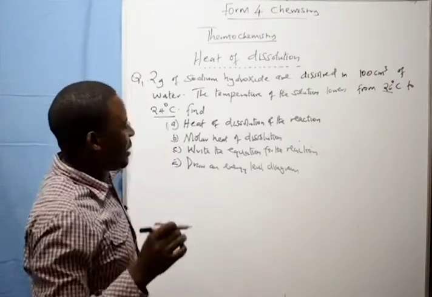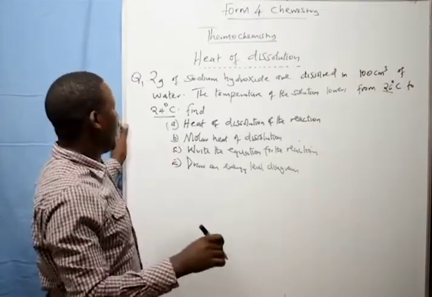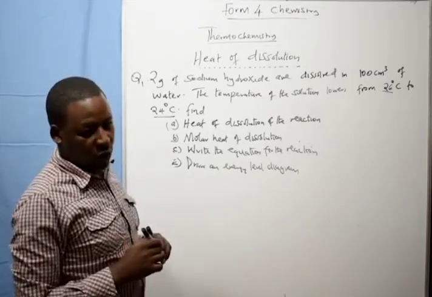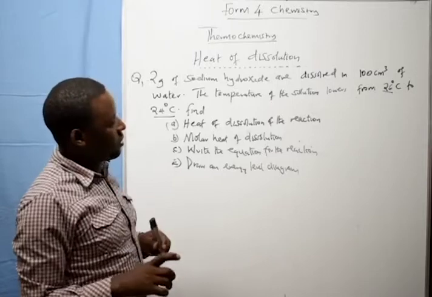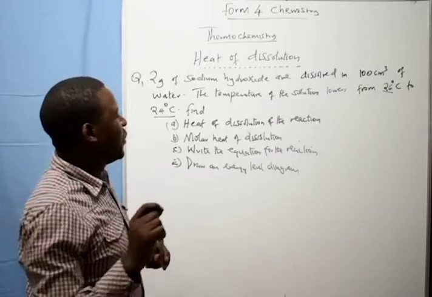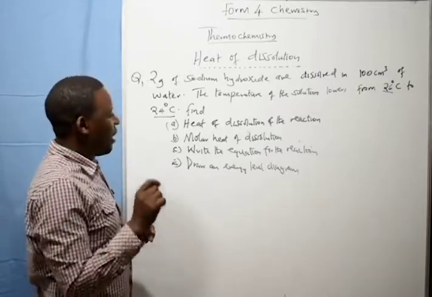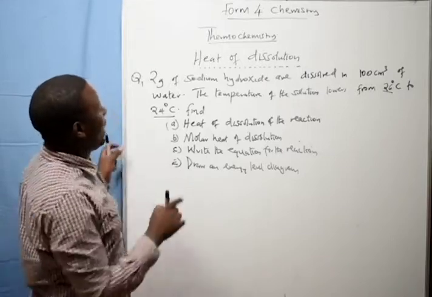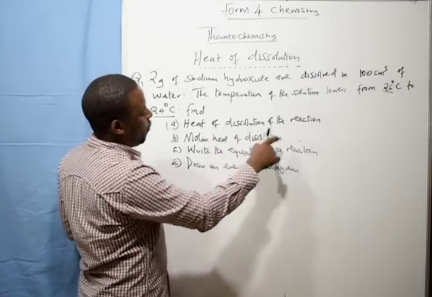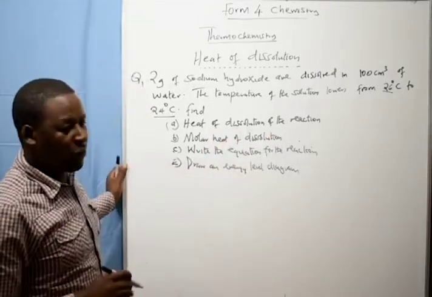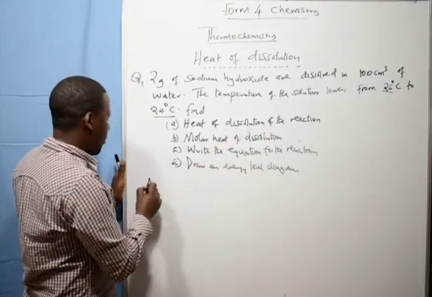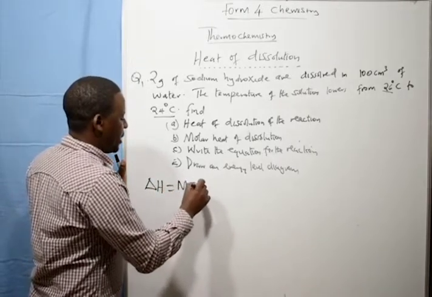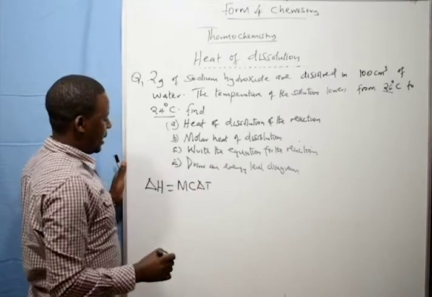Anytime the temperature of the solution lowers, it means that the reaction is an endothermic reaction. And endothermic reactions are given a positive sign, or positive enthalpy. Therefore, this is an endothermic reaction. So if you want to find the heat of dissolution of the reaction, we are going to use a formula. Enthalpy change is equal to mass times capacity times delta T.